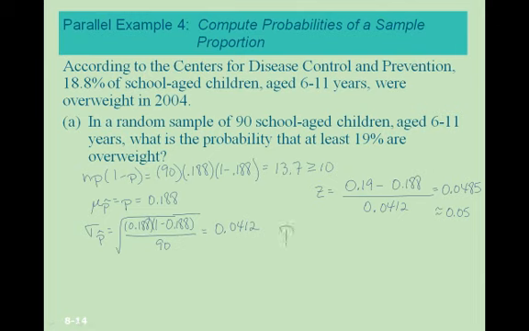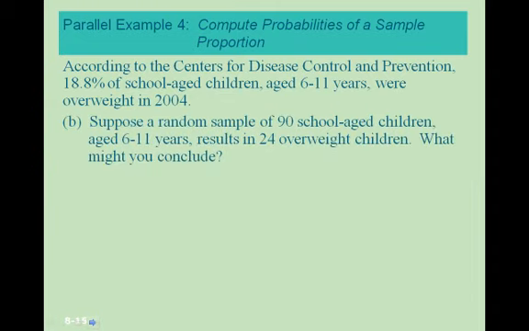So we're looking at then the probability that z, if it's at least 19% or at least 0.05, then it is greater than or equal to 0.05. So we'll take 1 minus the value when we look it up in the table, which is 0.5199, and we get a value of 0.4801. And this would be the probability that at least 19% are overweight.